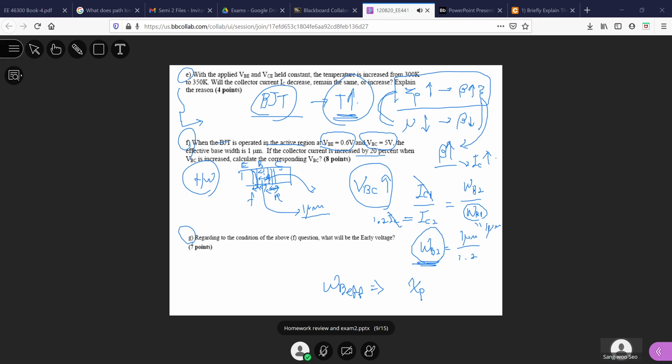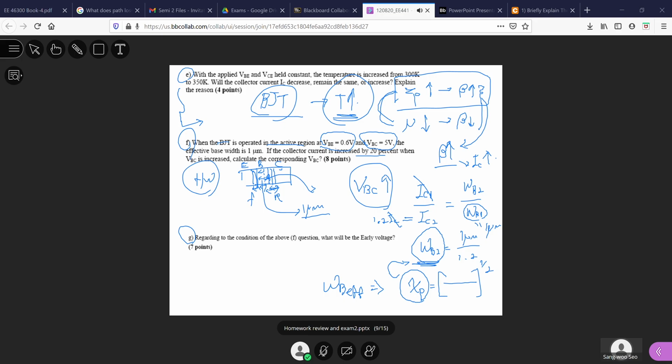And then for the depletion width change, we have a formula related with your applied bias. If we use this formula, now we can see how much this XP needs to change to compensate.